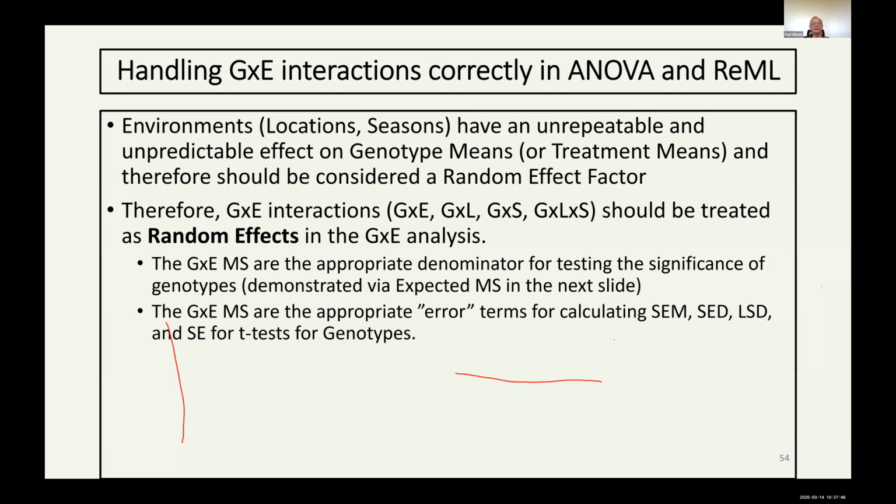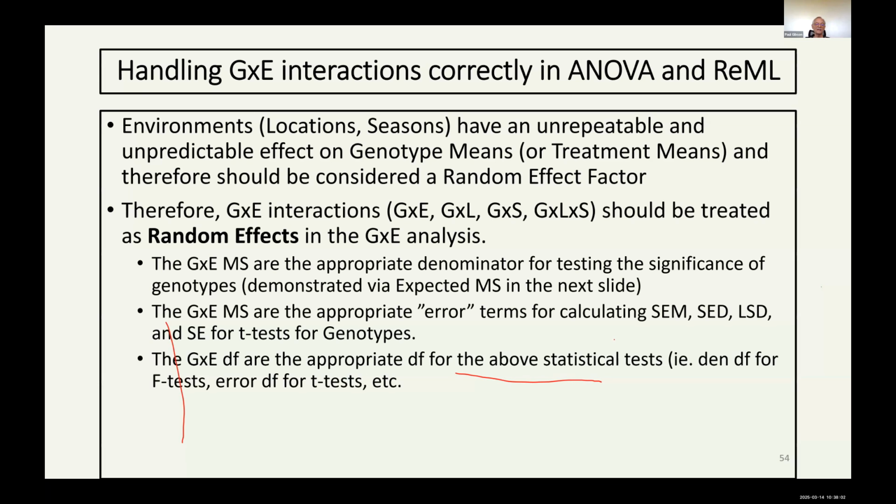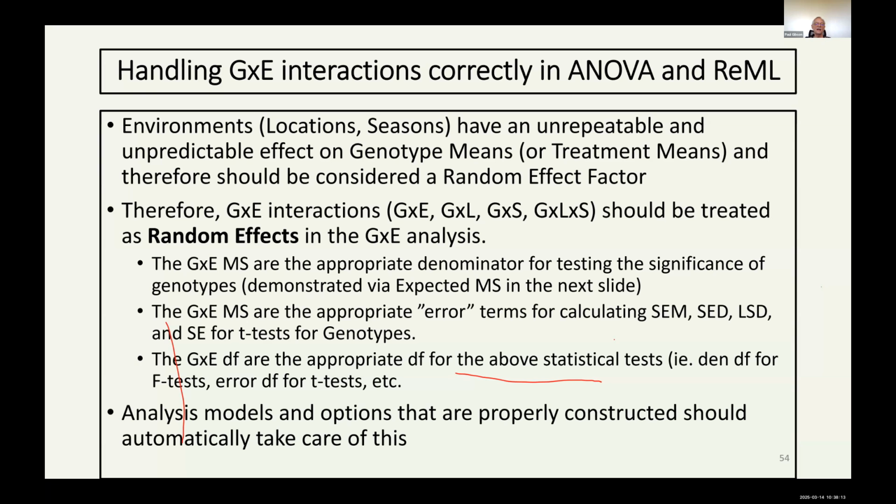Therefore, G by E mean square becomes the appropriate denominator for testing the significance of genotypes. And that mean square becomes the appropriate error term for derived values, and the genotype by environment degrees of freedom are the appropriate degrees of freedom for those statistical tests.